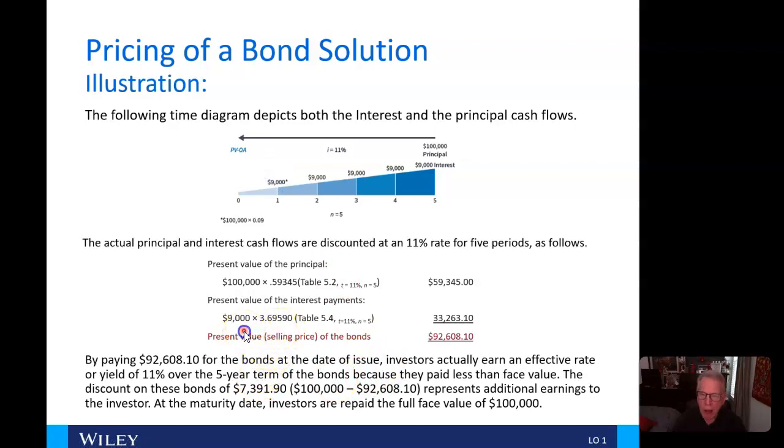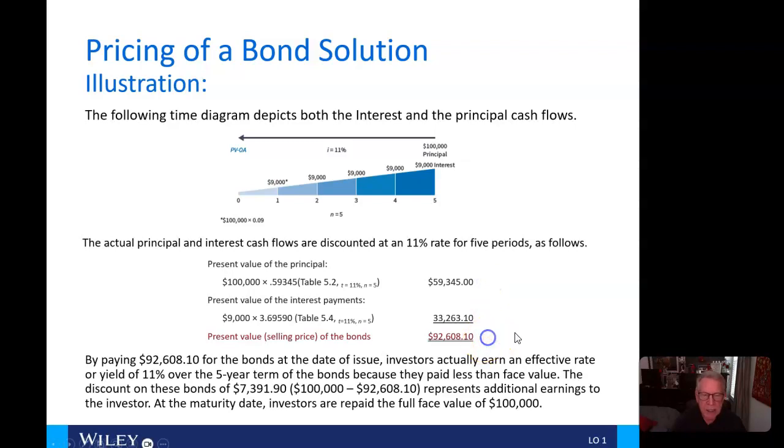So we multiply the $9,000 times the present value of an annuity factor, and we get the present value of all 5 of those $9,000 payments of interest. At the end of the period, we also take the present value of the $100,000 that we're paying back, and we go to table 5.2, again using the prevailing interest rate, and that gives us this factor, and the present value is $59,000.